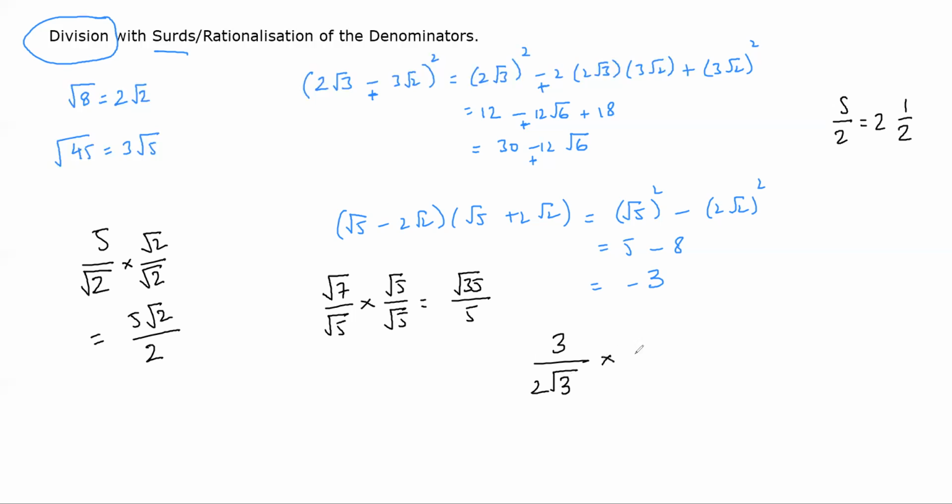You just need to multiply this with under root 3 over under root 3, because we want to get rid of this square root from this 3. So that will be 3 under root 3 over 2 into 3. That will make it 3 under root 3 over 6.